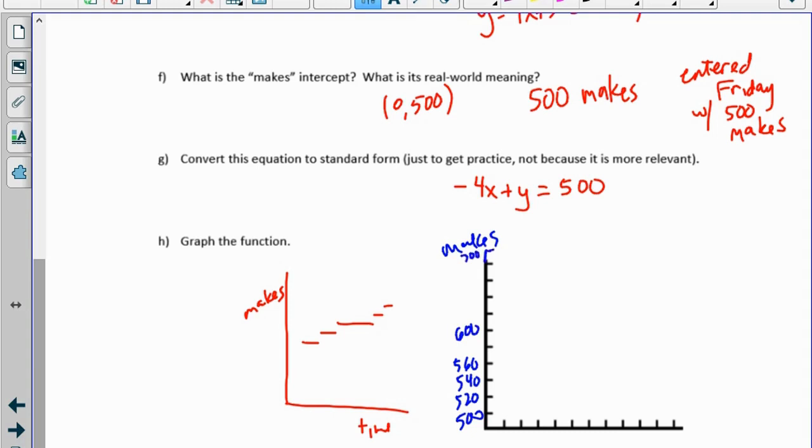And then let's go up by fives down here, 5, 10, 15, 20, 25, 30, 35, 40, 45, 50. So then I know that 50 comma 700 is on the graph. I know that 0, comma 500 is on the graph, and then I can graph that as a line, even though technically it would look a whole lot more like this.